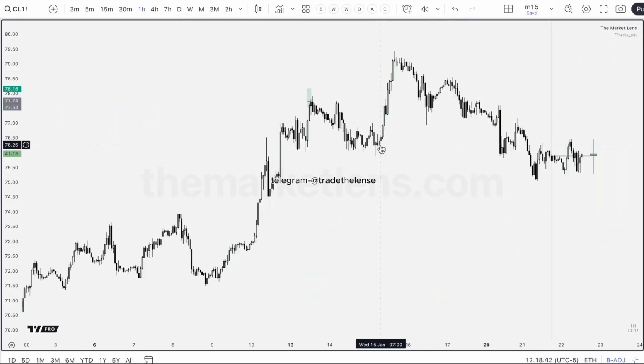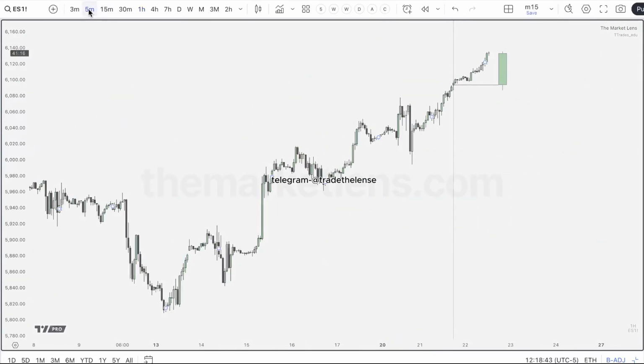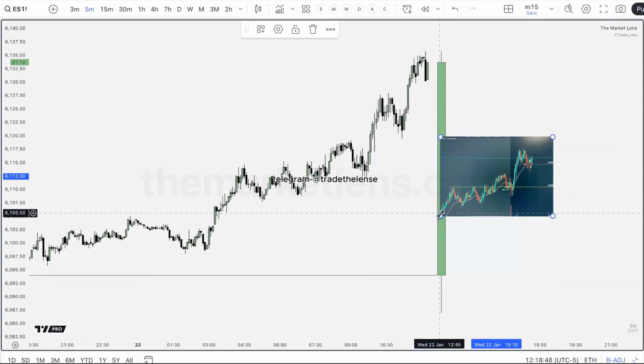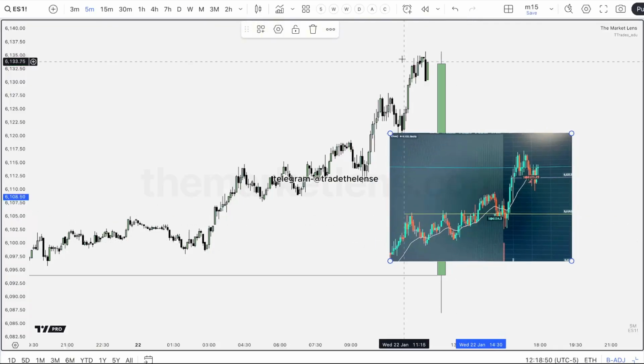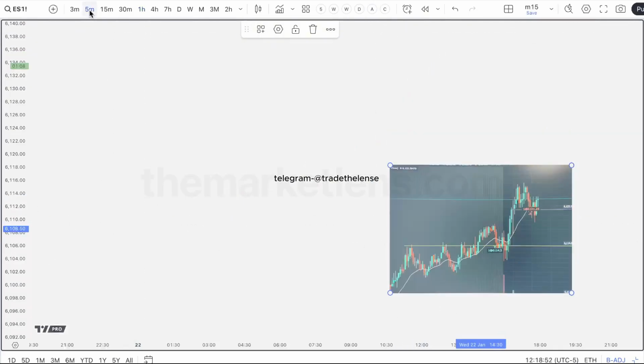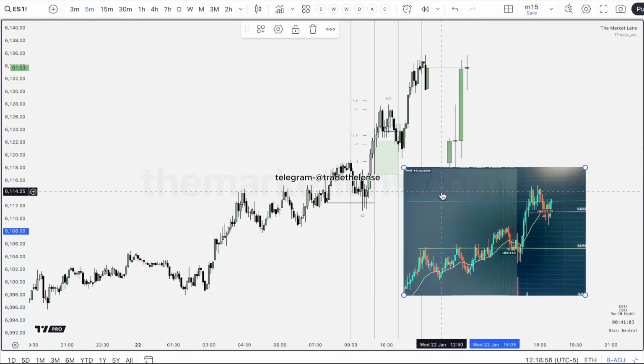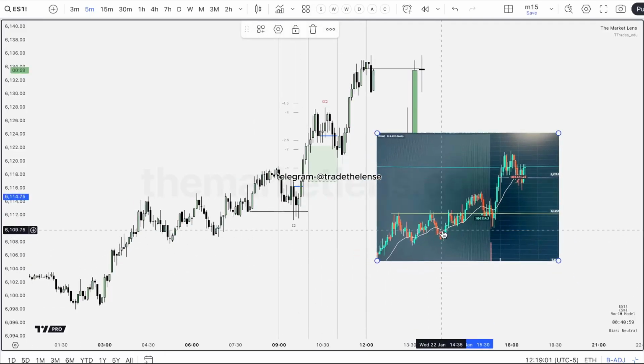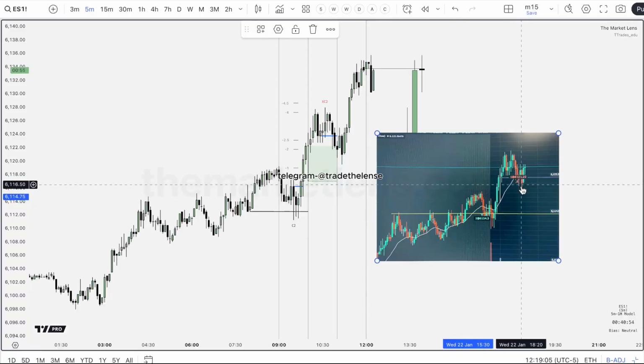We'll go over to, you said ES. See if we can try to find where you took this setup. Let's see. Right there. So were you trying to enter?